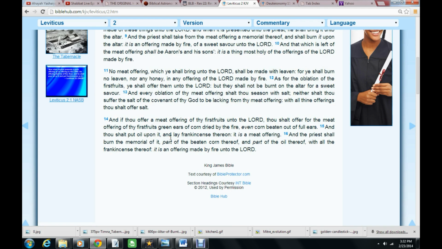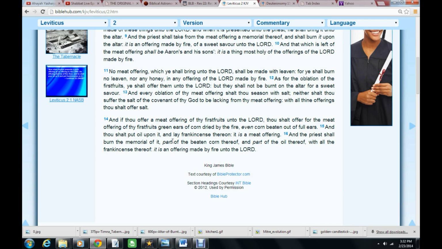And if thou offer a meat offering of thy first fruits unto the Most High, thou shalt offer for the meat offering of thy first fruits green ears of corn, dried by the fire, even corn beaten out of full ears. And thou shalt put oil upon it, and lay frankincense thereon.